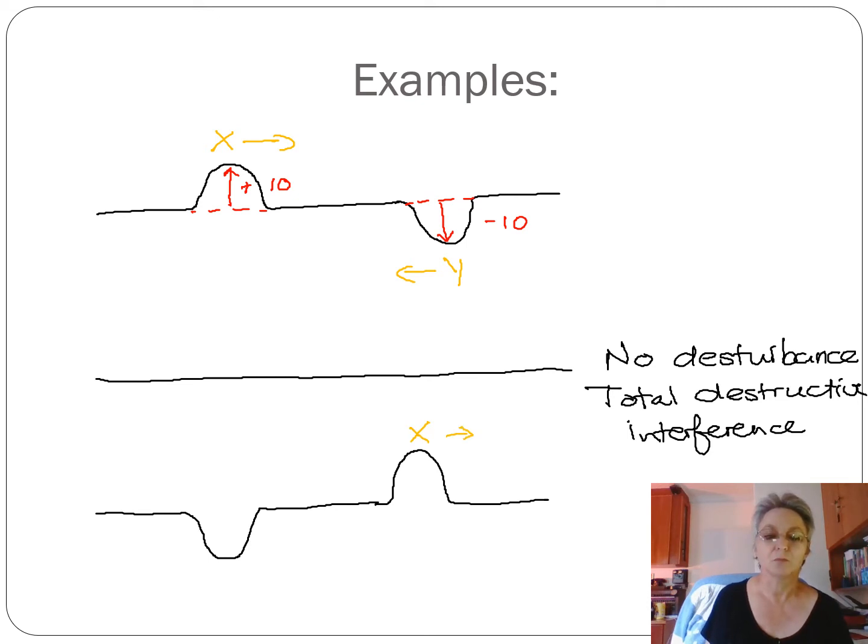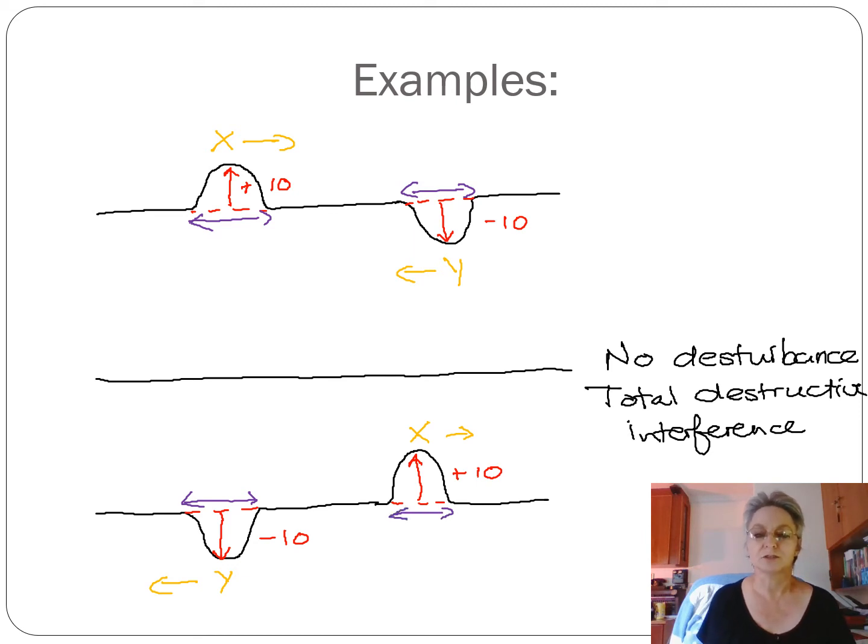That is very important, that the width of the pulse and the amplitudes of the pulses, or waves for that matter, will not change. Okay, this is called total destructive interference.